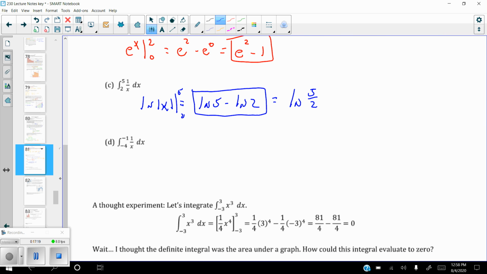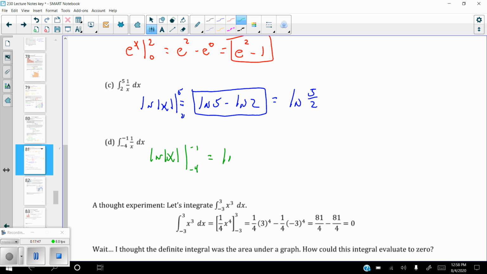Okay, and in part D, you'll notice again it's 1 over x, so we know we're going to get the natural log of the absolute value of x, from -4 to -1. Now this is the perfect example of why you need the absolute value, because if I drop it, I can't take the natural log of -1 or -4. But with the absolute value, this still works.